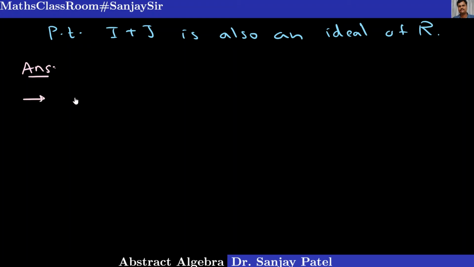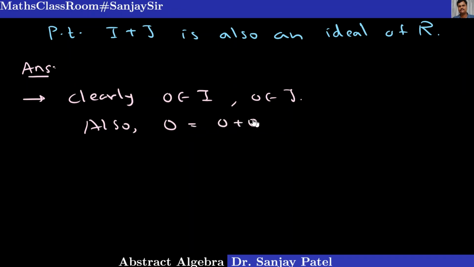So we know that 0 belongs to I and 0 belongs to J. Also, we can write 0 is equal to 0 plus 0. So this 0 is an element of I plus J. So the conclusion is I plus J contains something, so it is a non-empty set. Okay.